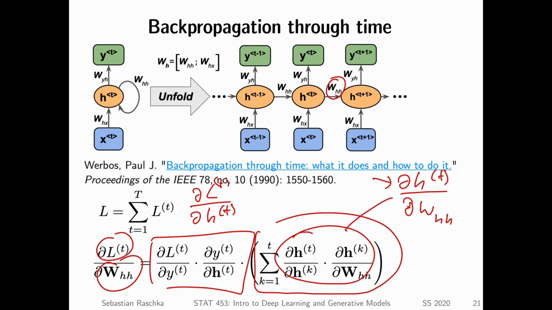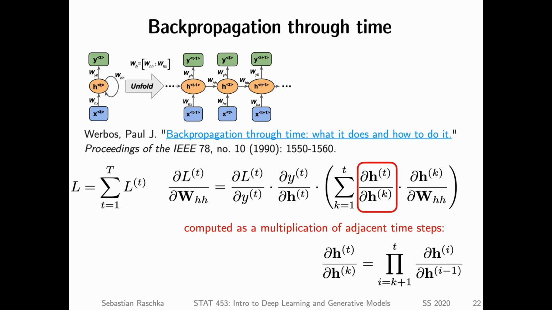There's one particular term I just want to highlight because, like I said, I won't ask you any tricky questions to do backpropagation through time by hand. Really the most important part to understand here is computing this one, because there's a problem with that. Here, when we use the chain rule, what we do is we consider all the previous time steps, right?